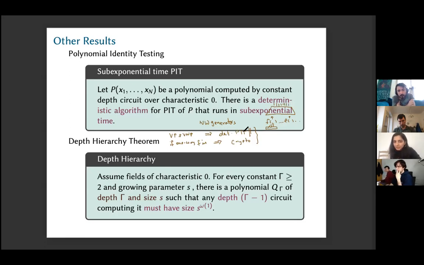So for PIT, recall, we need a random string, which when queried at, the polynomial will be either 0 or 1. So I need that x, the random x I want to query.